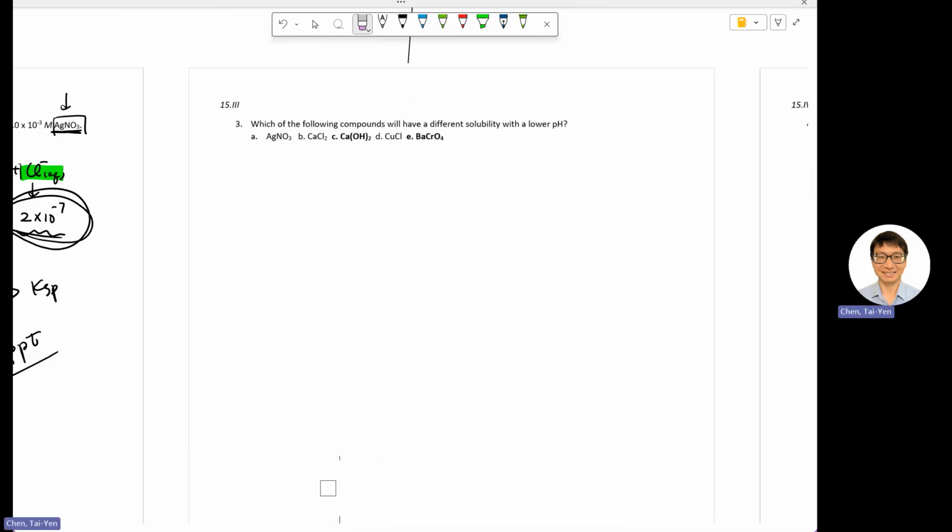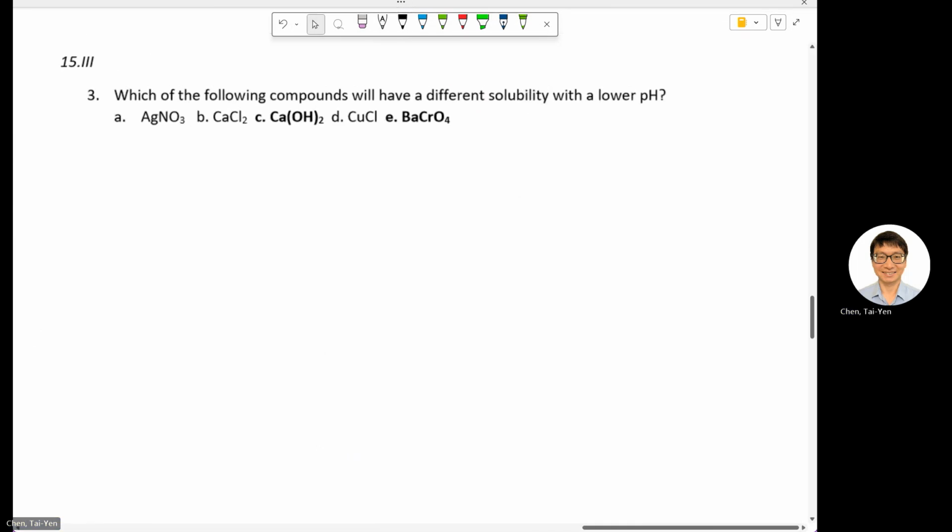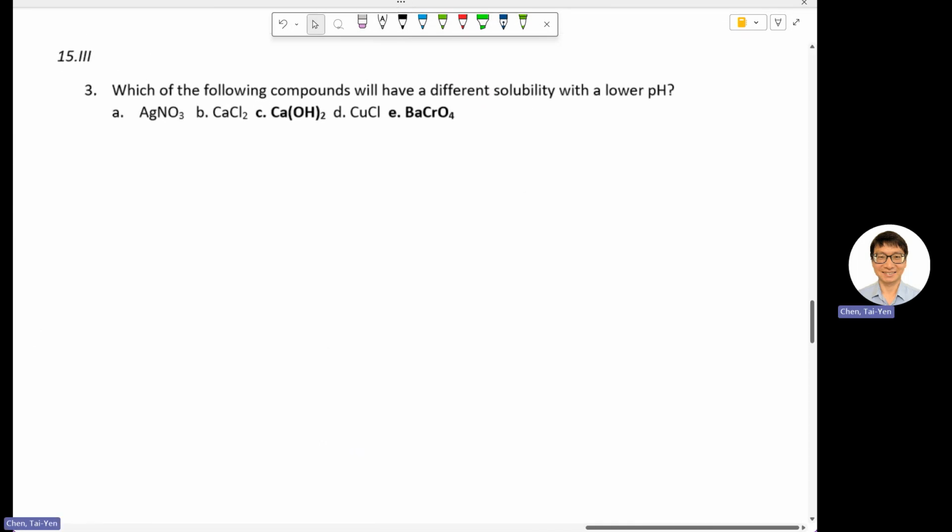Let's look at question number 3. Which of the following compounds has different solubility with a lower pH? Lower pH means you put it into an environment that has a lot of H+. The keyword here is solubility.